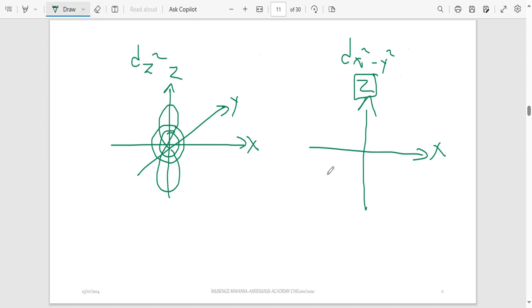I've seen questions where they've asked, draw this orbital. So this one we are saying it will be like so, going along the y because y has been mentioned, and also it will go along the x. But we best write it like this so that it can be much smarter. Let me write it again.